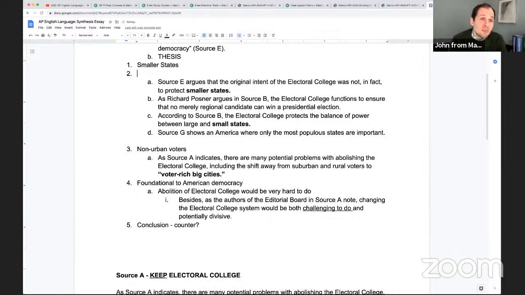And I can even just, as I'm building this outline in a word processor, as you will in the digital exam, I can say something like this.